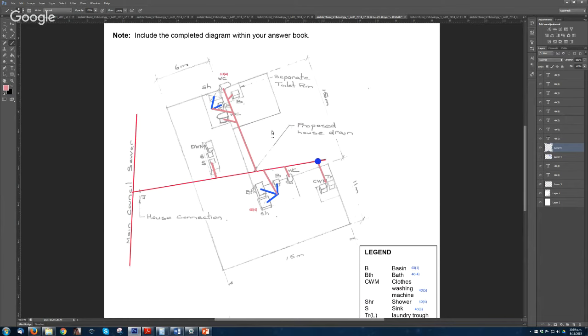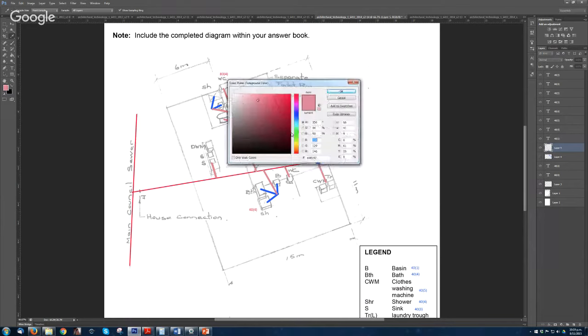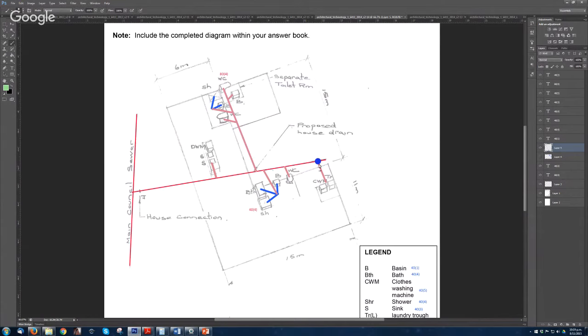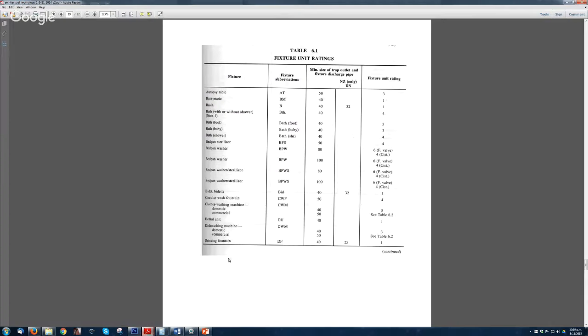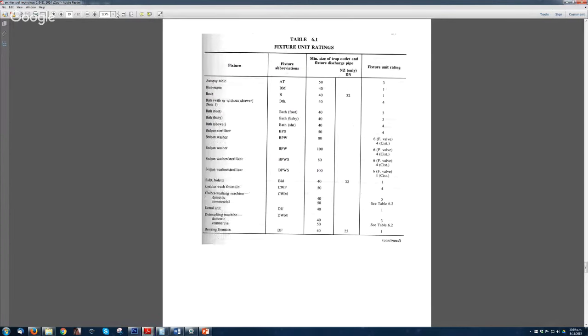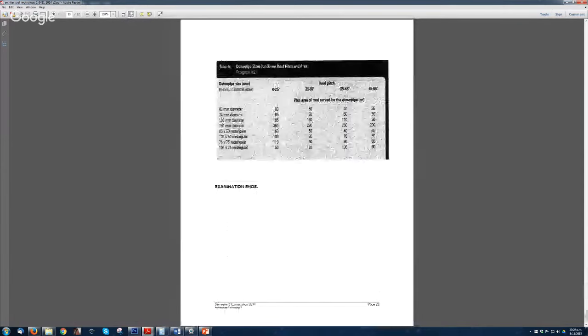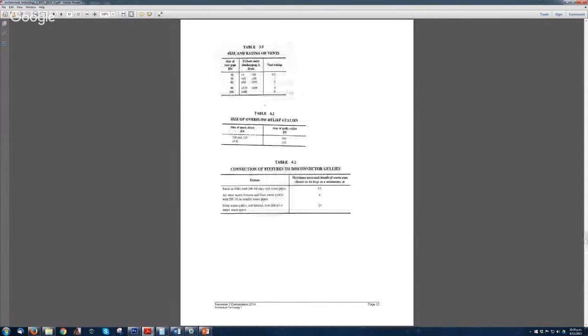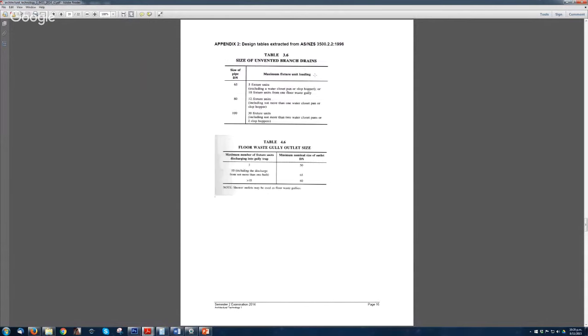And then when you've done that, you need to add the vents. So usually you put one vent at the end of the drain that you have. So like this one, the end will be here. So I put one here. That's going to be the main drain. And if you looked at the table, what is it?